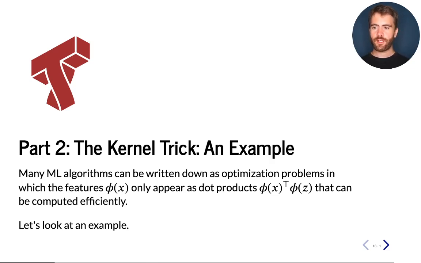And this observation is something that we call the kernel trick. In this video, I'm going to give you one example of how we can compute dot products more efficiently than the vectors of features themselves, and this will form a very specific example of what the kernel trick is.